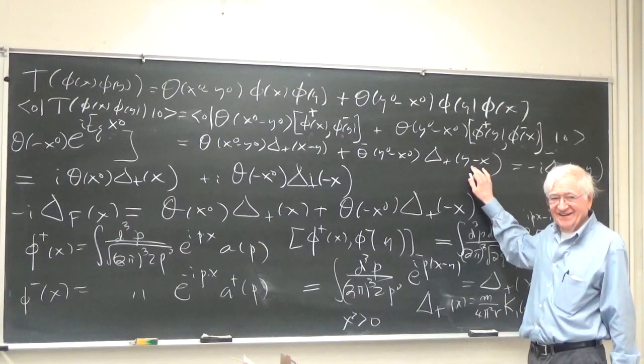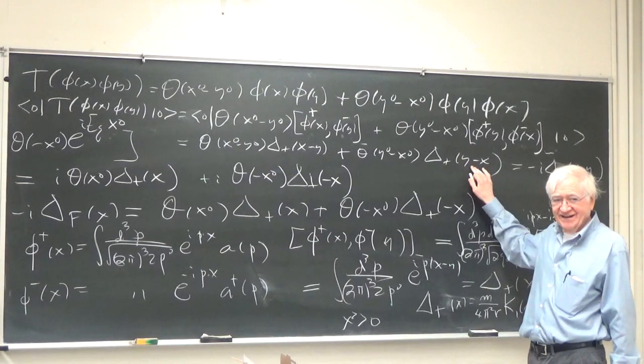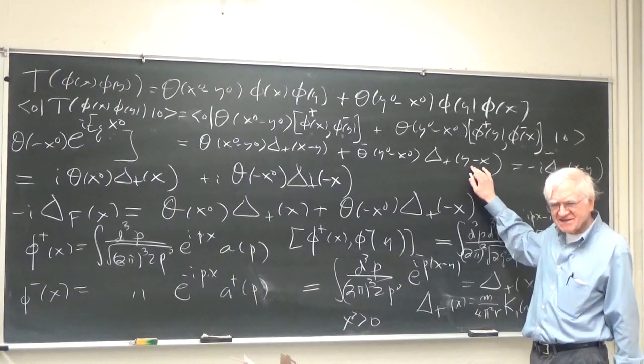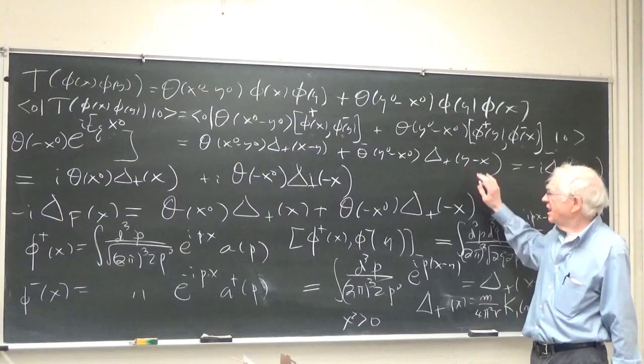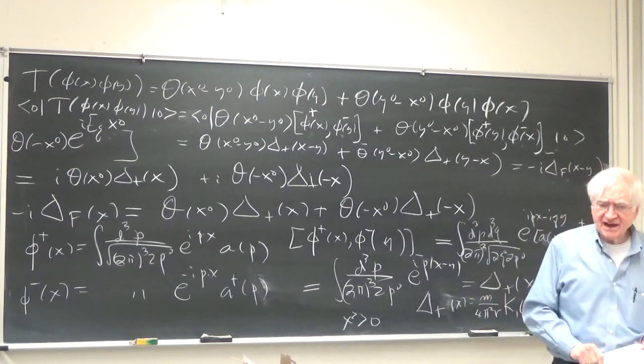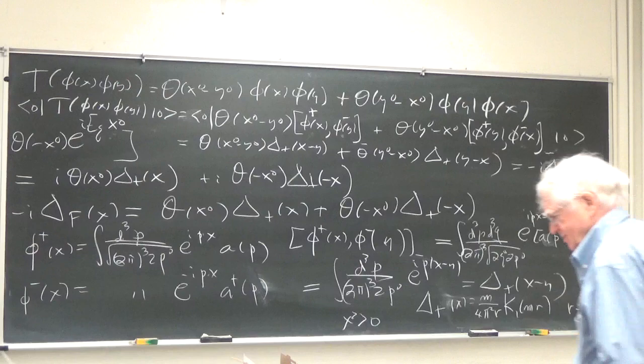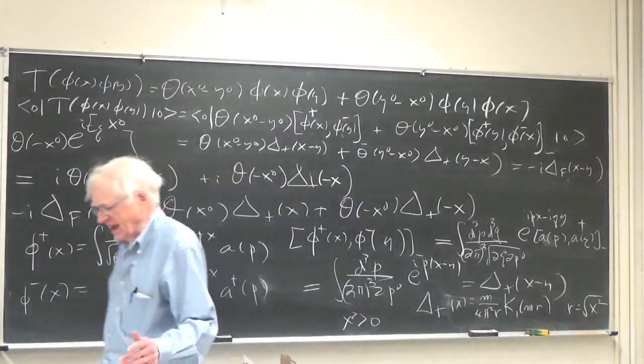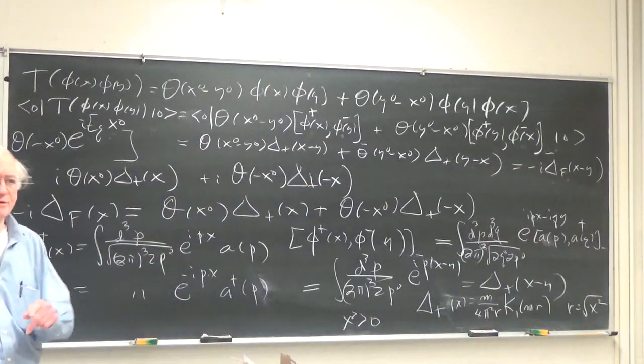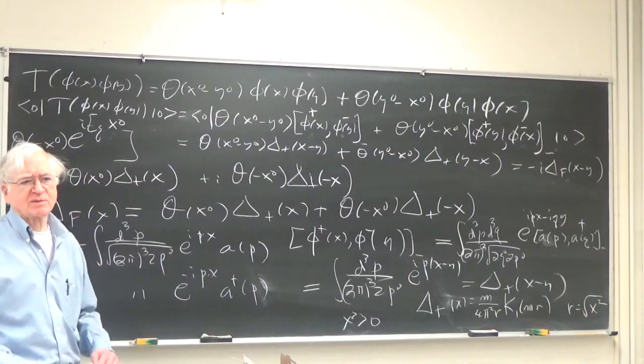Okay, so Delta plus of minus x is Delta minus of x, right? I don't think I introduced Delta minus, did I? Oh, well, I must be wrong. I mean, there are many notations. Somebody probably has introduced a Delta minus, and whether it is what you said, I don't know, probably. Okay.